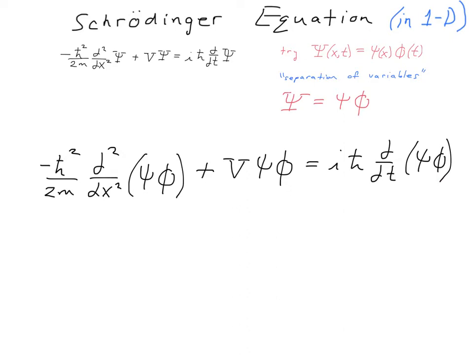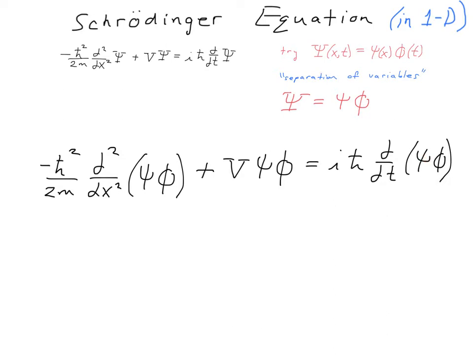Now we can do some factoring here. For example, this is a derivative with respect to x. Little psi depends on x, but little phi does not. So little phi, which does not depend on x, can come out of this derivative because with respect to the variable of differentiation here, this little phi is a constant. Likewise, here we have a partial derivative with respect to time.